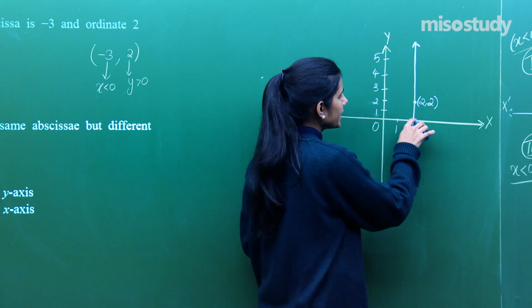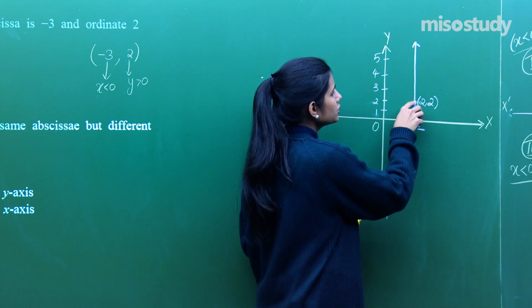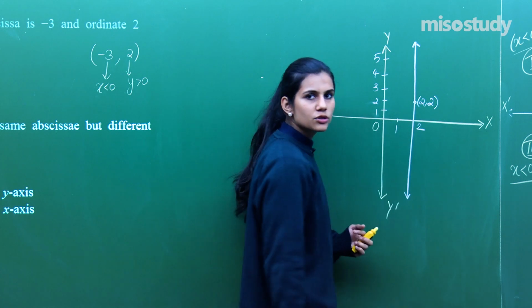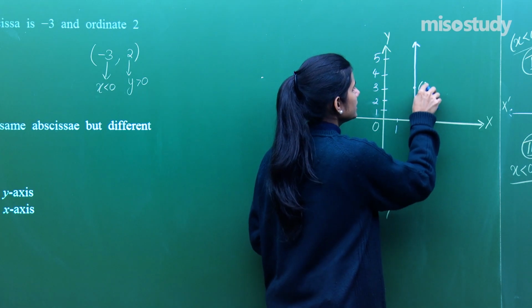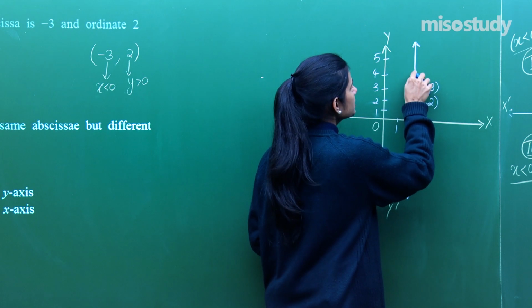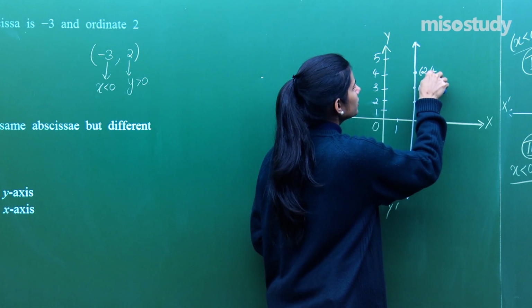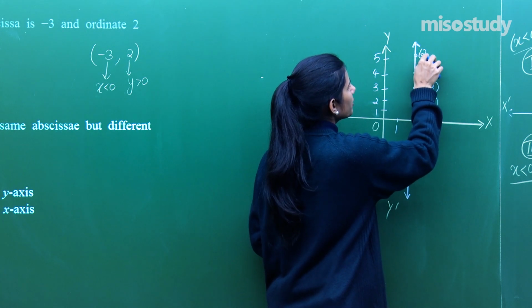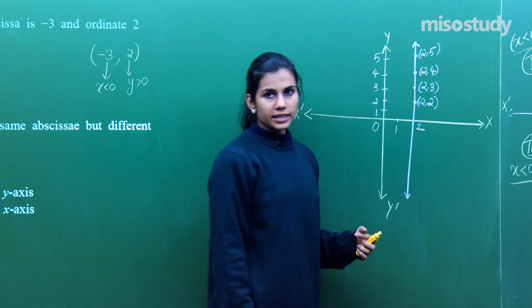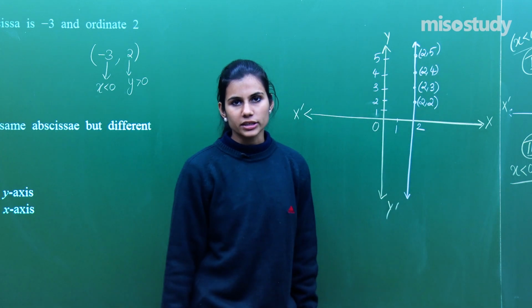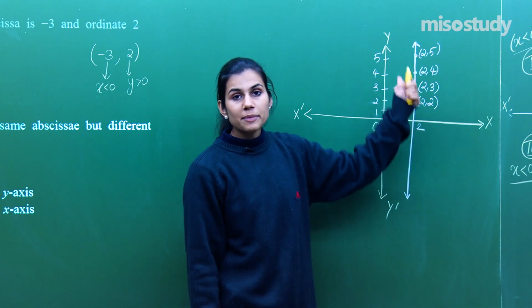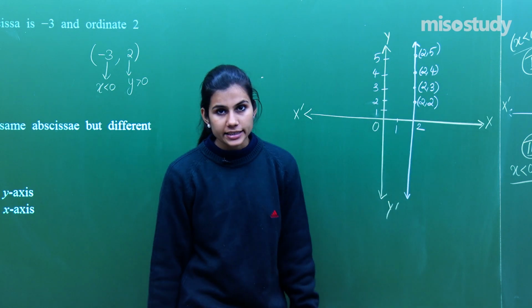Distance of this point from the x-axis is 2 units. Distance of the point from the y-axis is also 2 units, so 2, 2. Say I talk about this point will be 2, 3, this point will be 2, 4, this point will be 2, 5. You can clearly see all these points have same x coordinate but different y coordinates, or I should say they have the same abscissa but different ordinates.